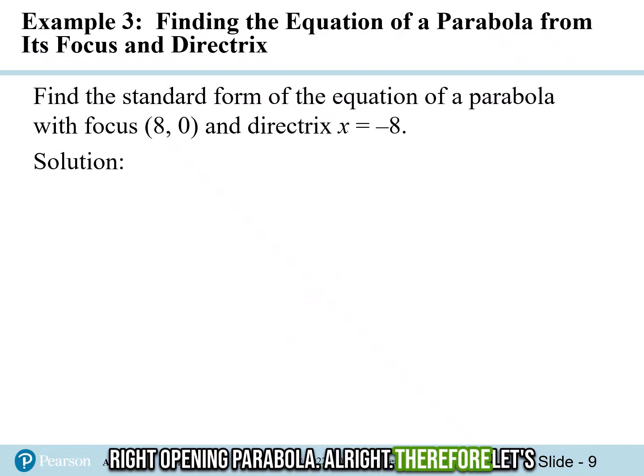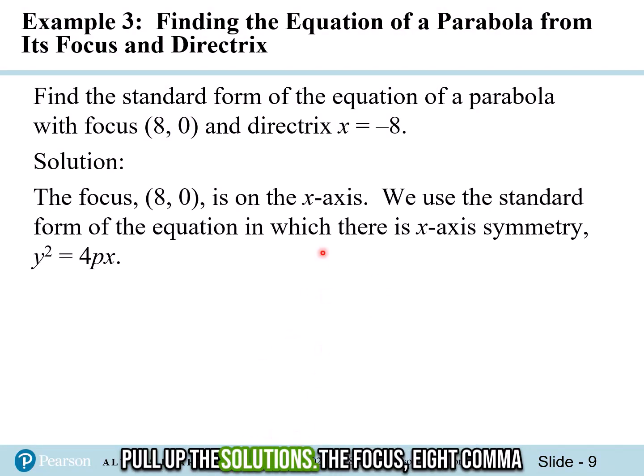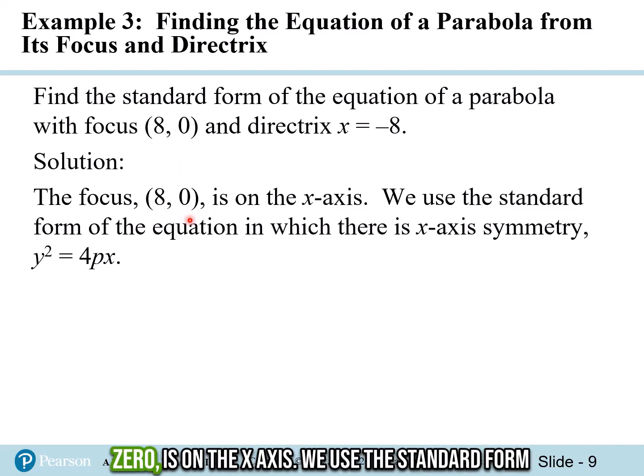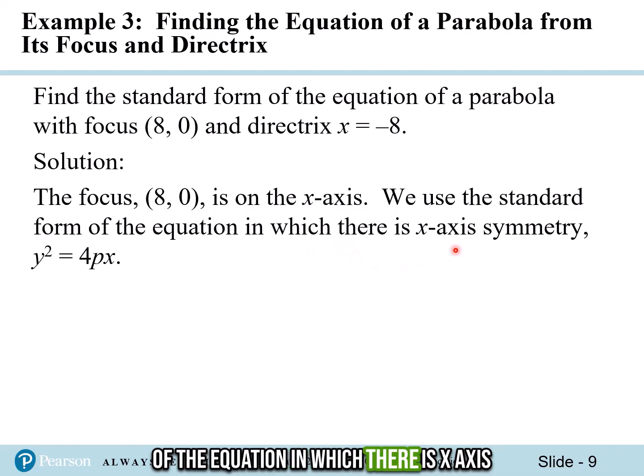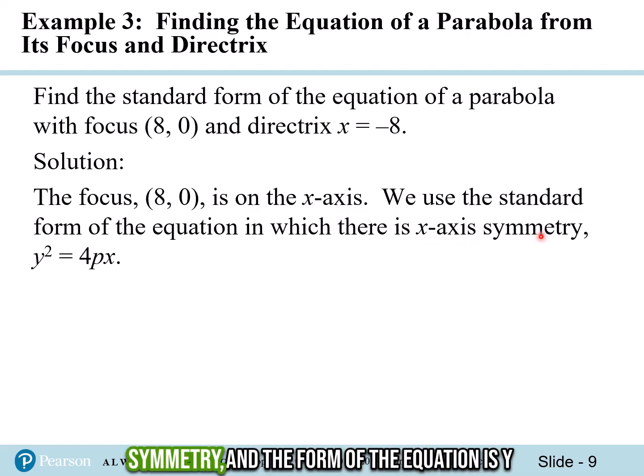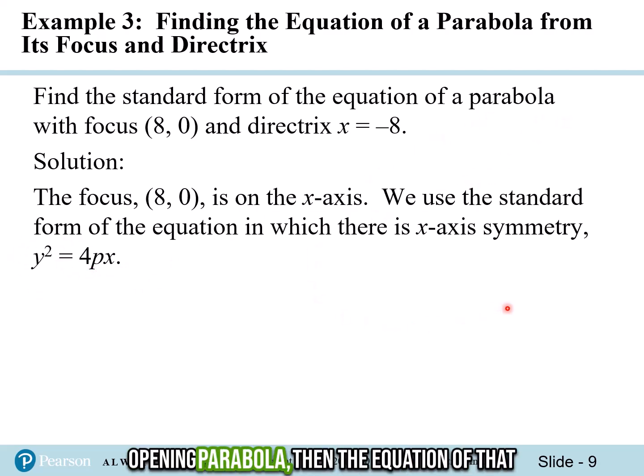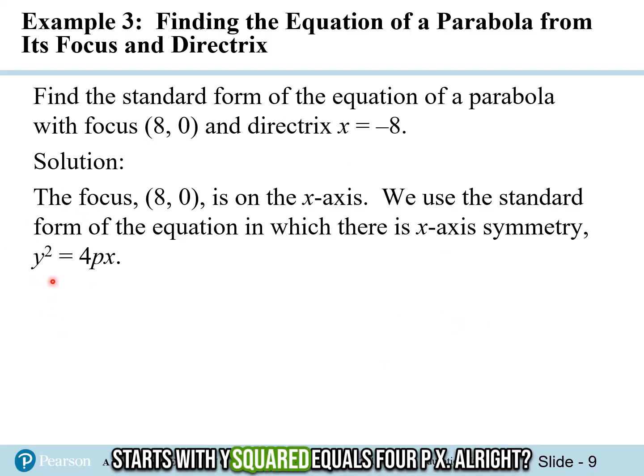All right. Therefore, let's pull up the solutions. The focus (8, 0) is on the x-axis. We use the standard form of the equation in which there is x-axis symmetry, and the form of the equation is y squared equals 4px. When it's a right opening parabola, then the equation starts with y squared equals 4px.